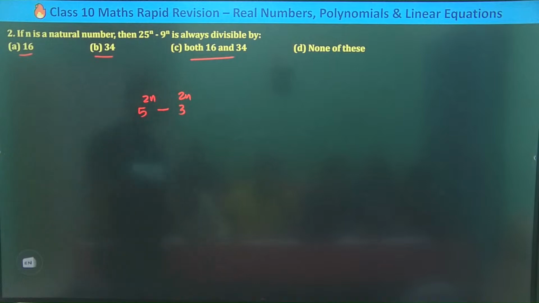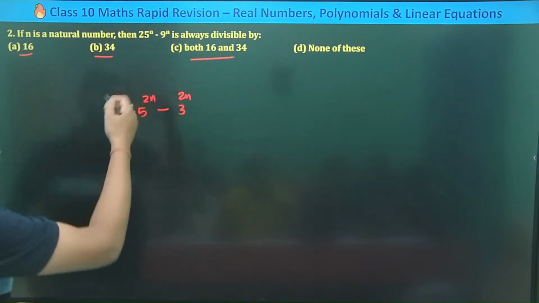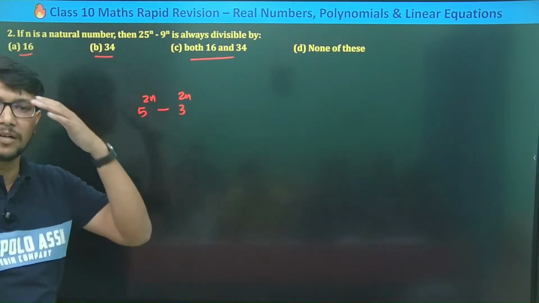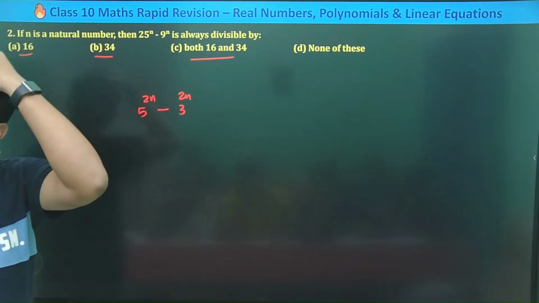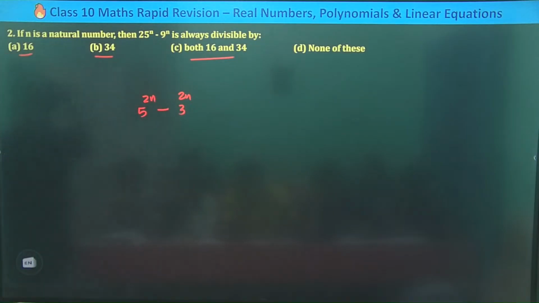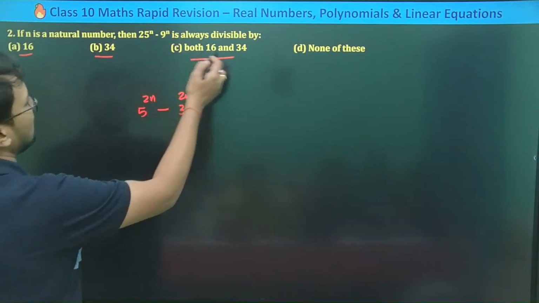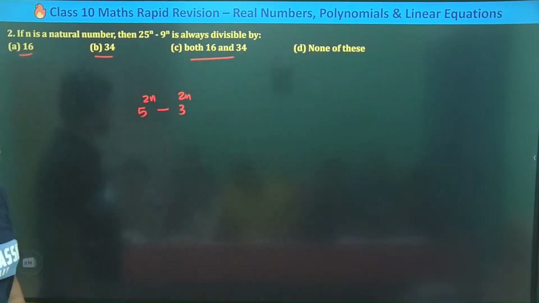Is there any common factor? When you can say this is divisible, they must have a common factor. Is there any common? So therefore it is not divisible. None of these. Clear? Understood?